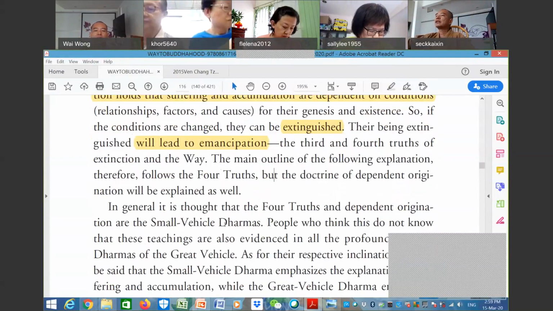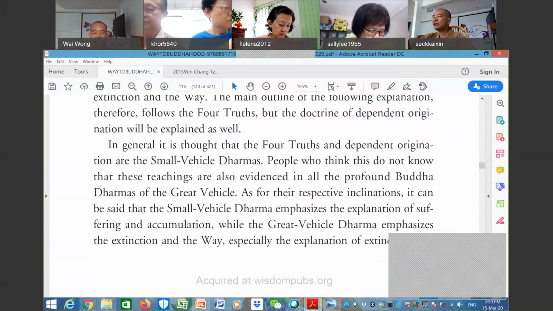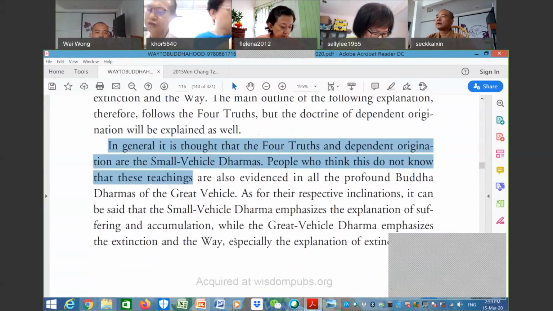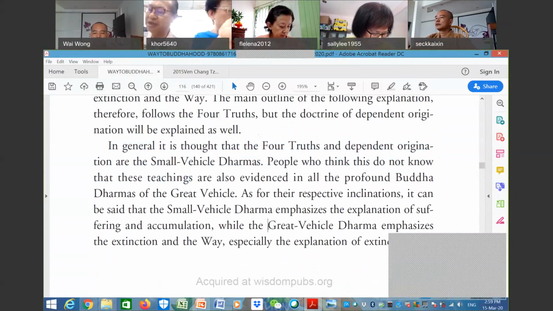Okay, now we go to the general section. Mr. Leong, please can you read through it? In general, the Four Noble Truths and dependent origination are the small wheel dharmas. People who think this do not know that these teachings are also evidenced in all the profound Buddha's dharmas of the Great Wheel.